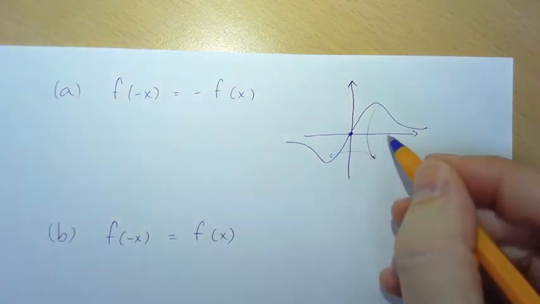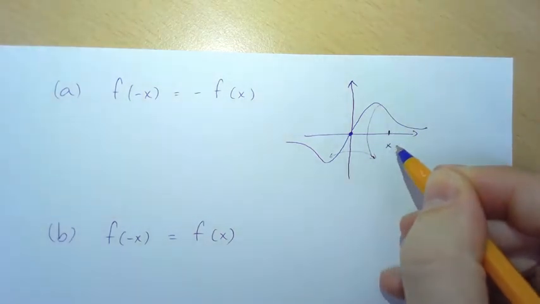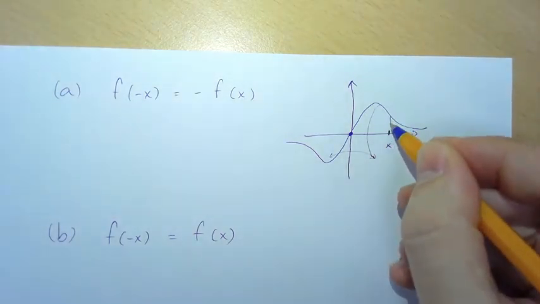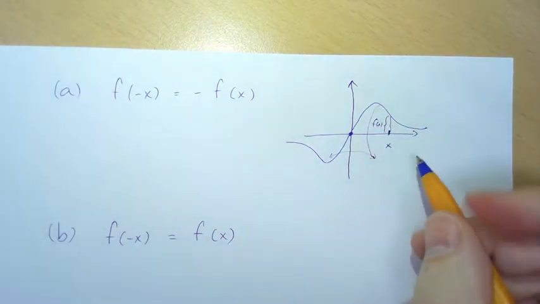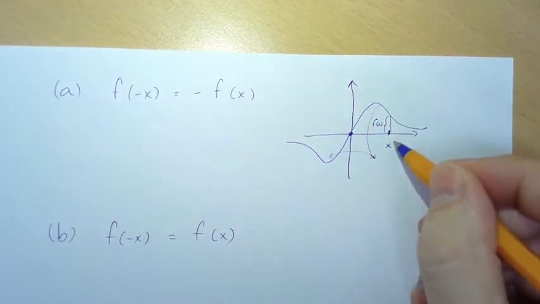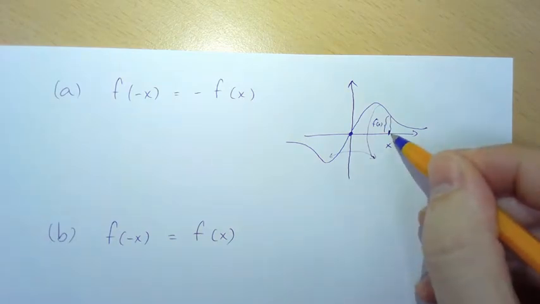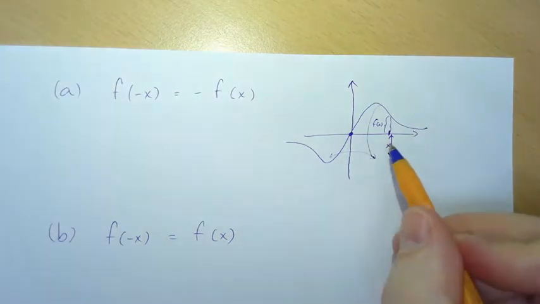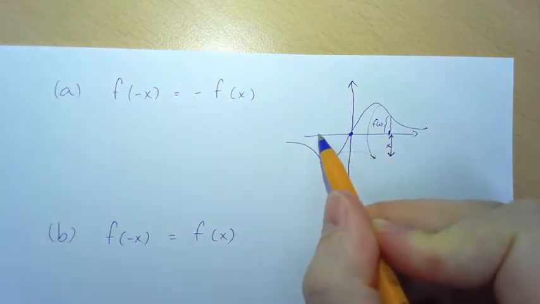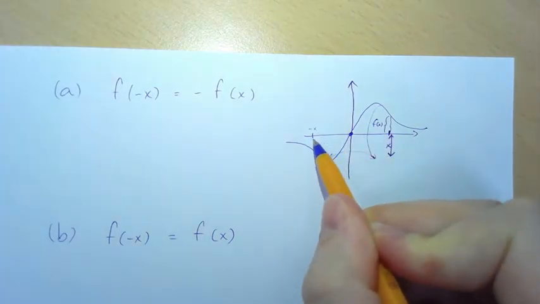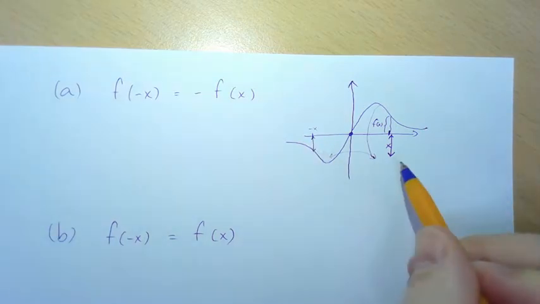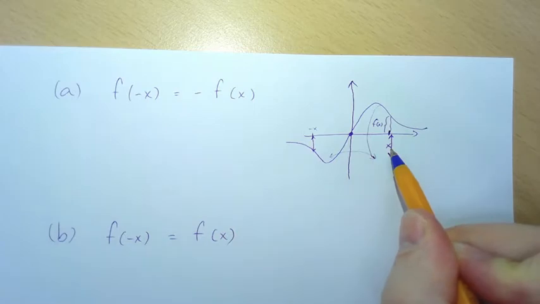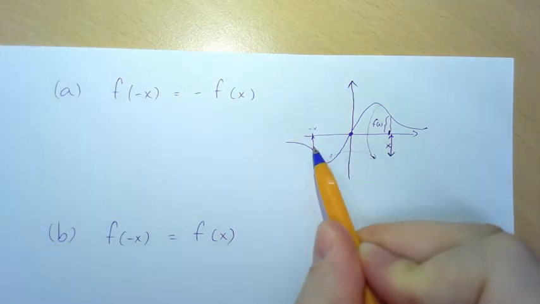But the fact is, if I pick an x here, then this is f of x. So notice how negative f of x is a negative number like this, if I may. And if I go now to minus x, then f of -x is this. So I get minus f of x is equal to f of -x.